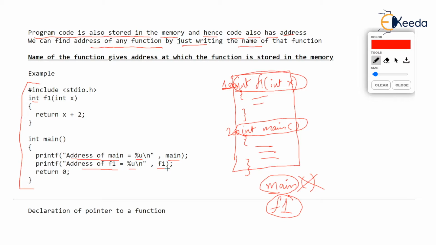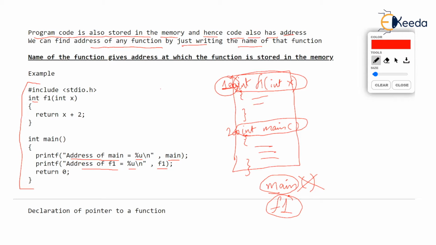So great. A programmer can not only find the address of a variable, but he or she can find the address of the code also by just writing the name of the function. By the way, if you know by now that every function has some address, then we can always declare a pointer in the memory.